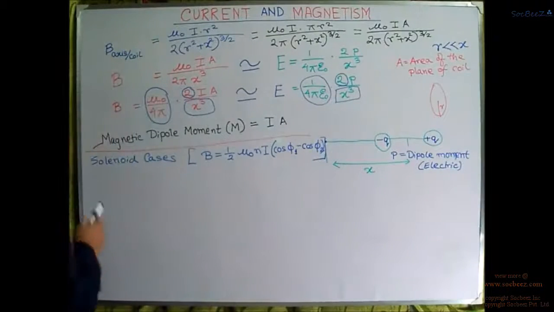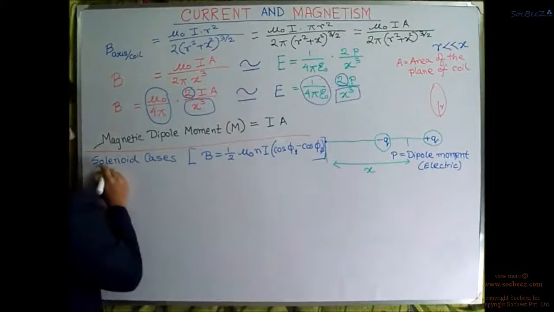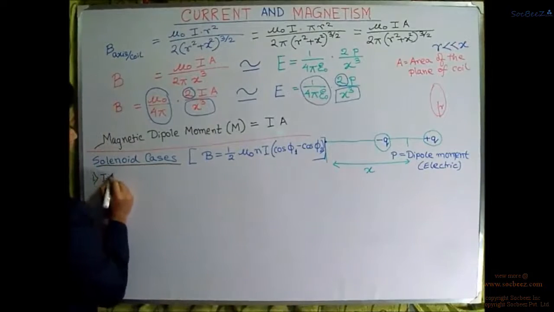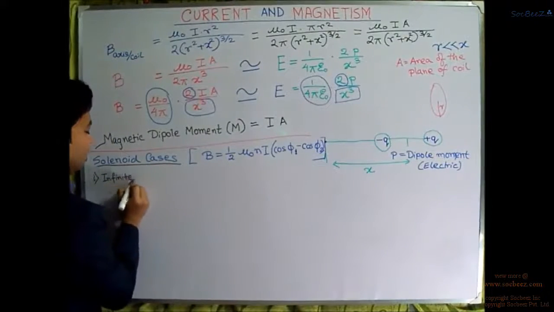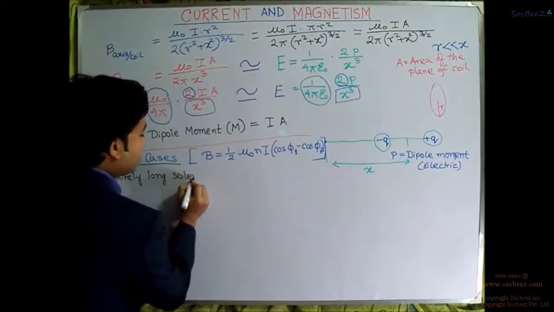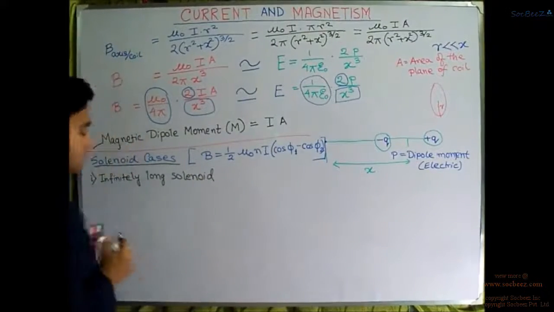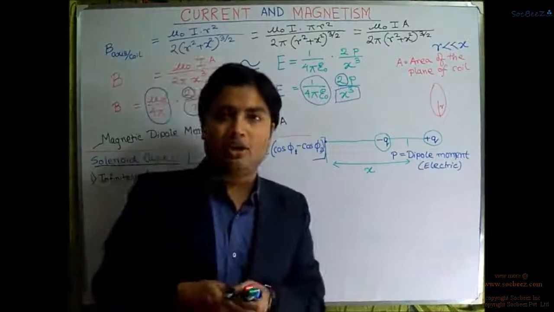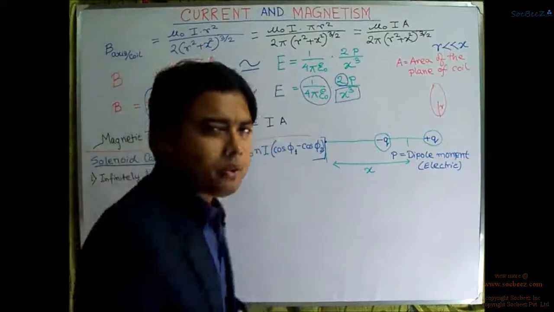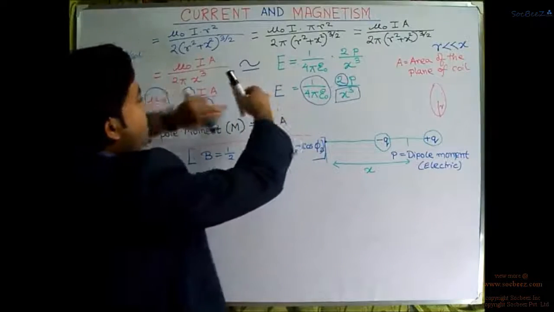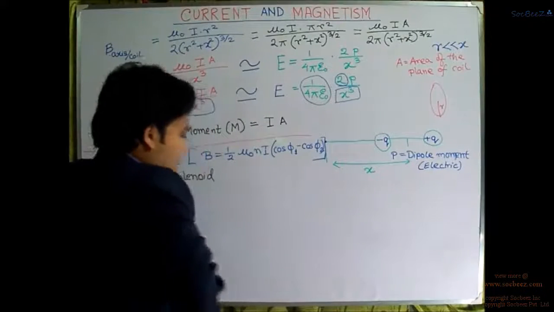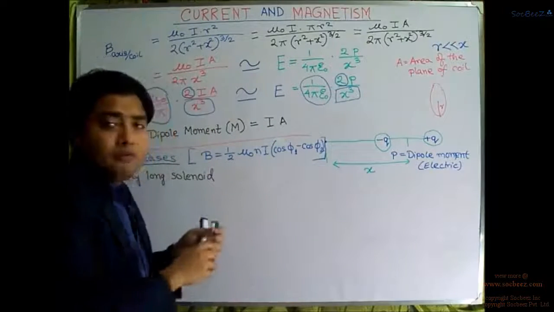Now, first case, if we take the case of an infinitely long solenoid, try to think of the situation of the solenoid in the previous lecture, and you will find that we have seen over there phi 1 and phi 2.